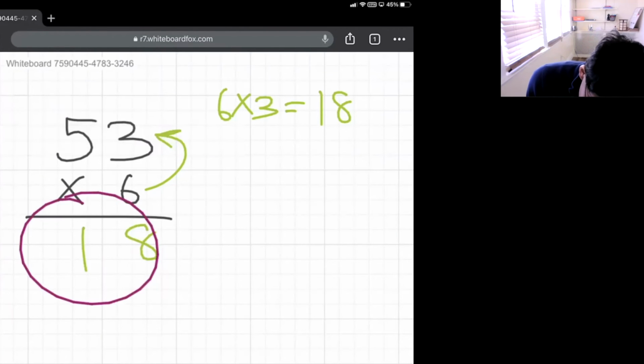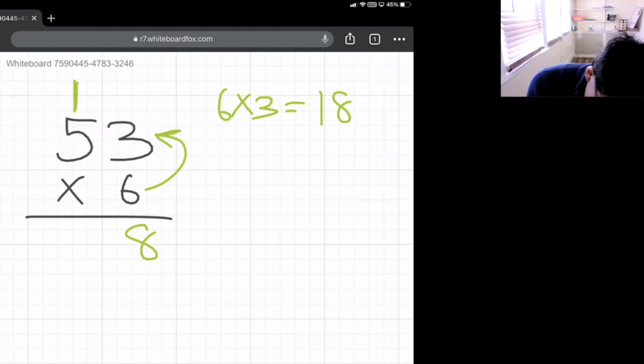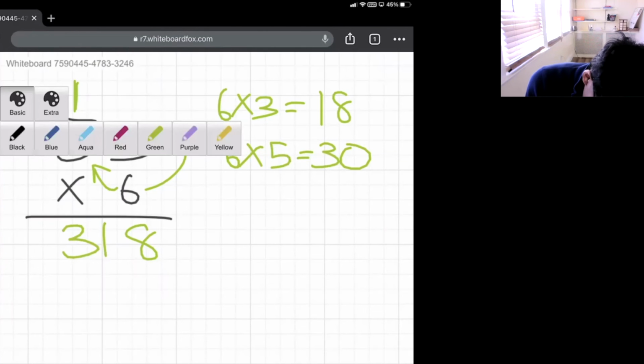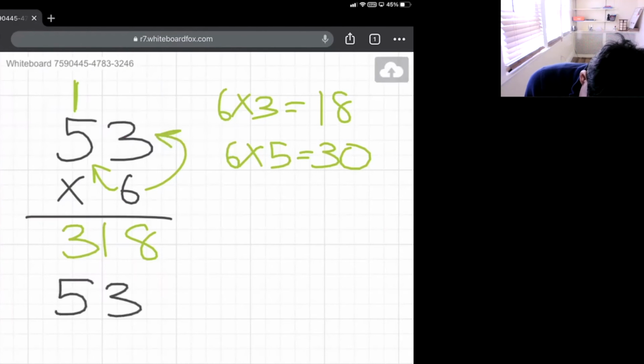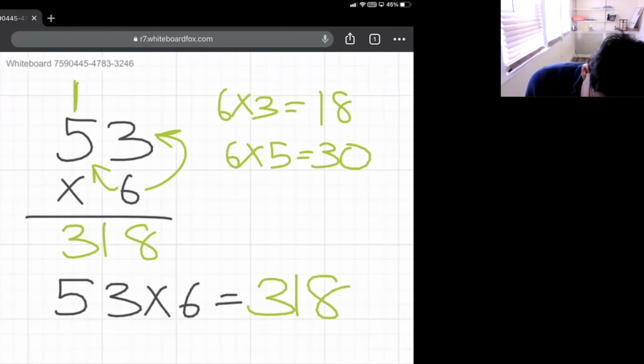But this 1 is taking up someone else's spot, right? So erase him, put him on the 3rd floor, and now we can do our business. So 6 times 5 is 30. Don't forget to add that 1. So we get 31, 318. And so now we can say that 53 times 6 is equal to 318.